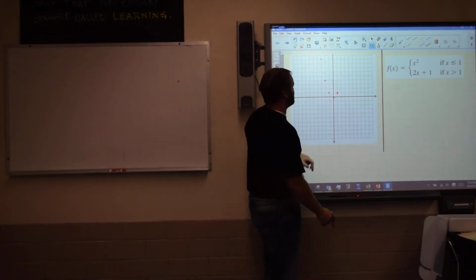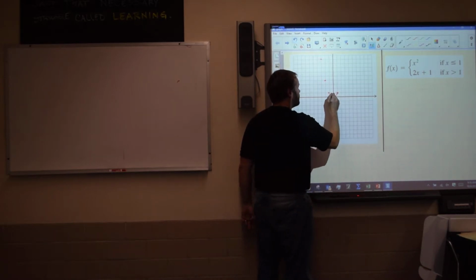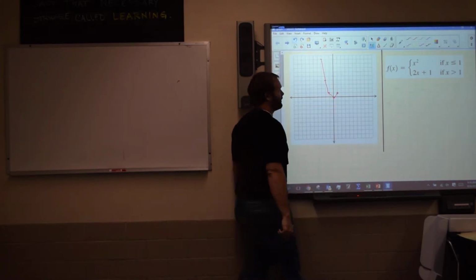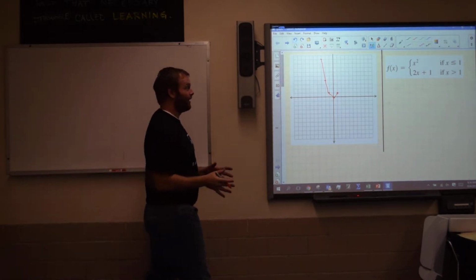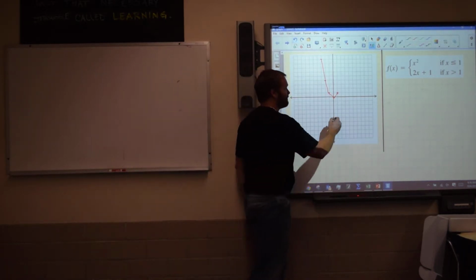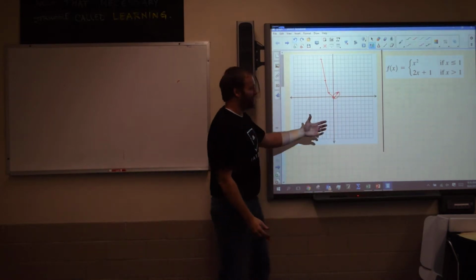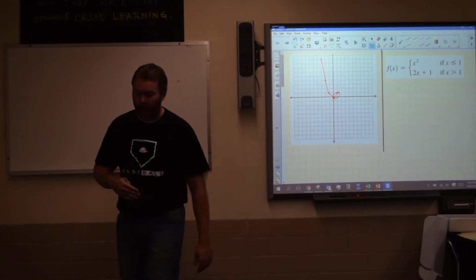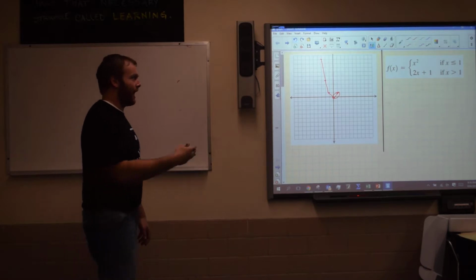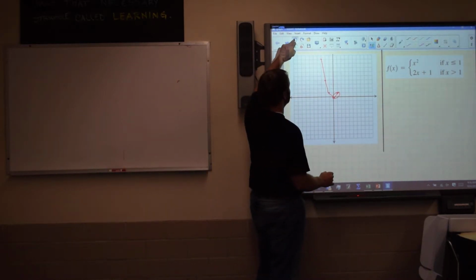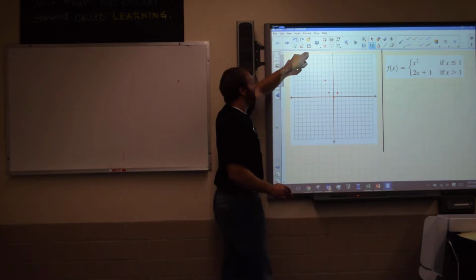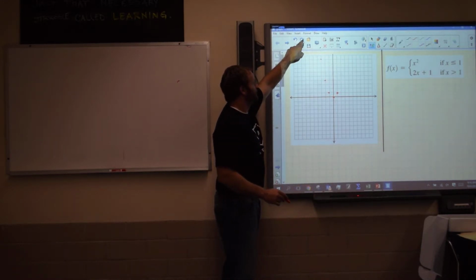You're going to see this all the time. I see people do this. That's not a parabola, right? That's not x squared. The segment that I just drew there is not representative of x squared between those two x values. So make sure you're making a smooth curve, and that goes for everything throughout the year.